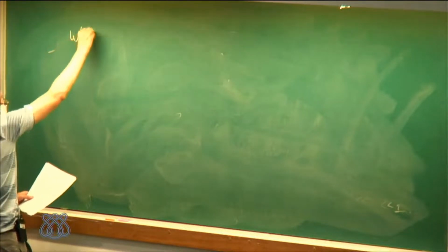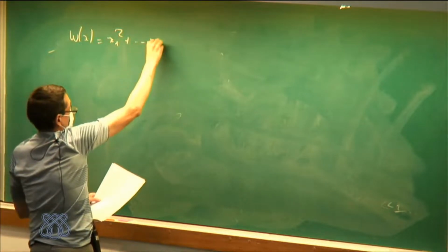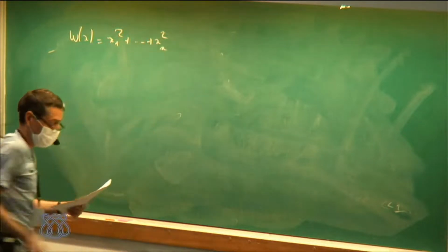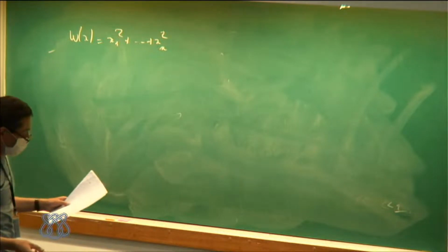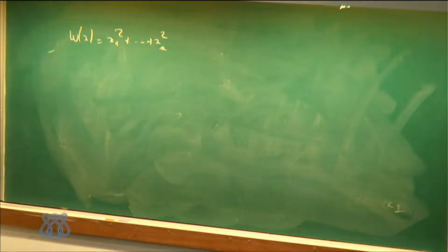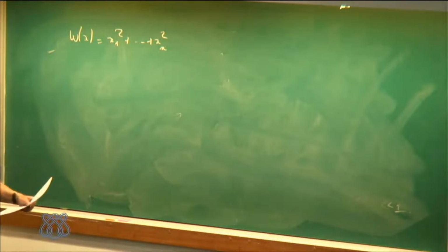So you take the distance function. I call it omega, the square of the distance function to the origin: x1 squared plus ... plus xn squared. Then if you add a sufficiently big power of this function to f, you get something with isolated singularity. This is a consequence of the Lojasiewicz inequality.